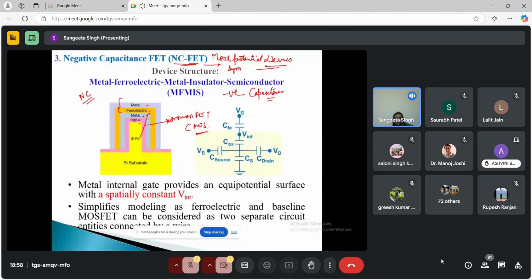You are having metal plate 1 and metal plate 2. If you are storing some energy in the dielectric between these two metals, you call it capacitance. But can this capacitance be negative? No. Can resistance be negative? No. But your differential resistance can be negative, or your differential capacitance can be negative.